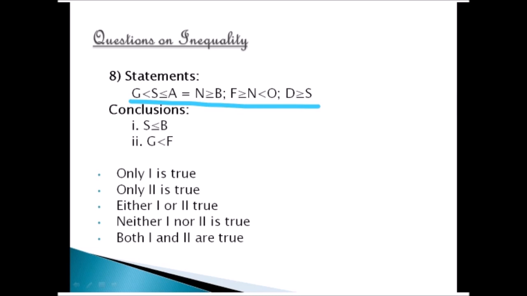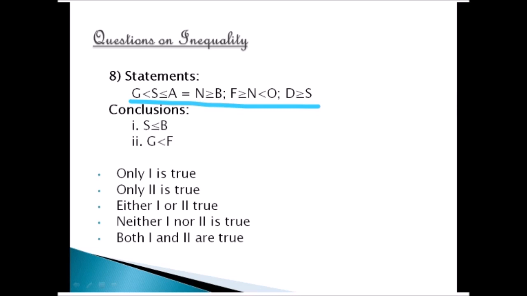Question number 8. Normally in this kind of question students get confused because of the comma separated values. Normally beginners write a single line equation, then they check the conclusion. But in our concept, no need to convert this into a single line.